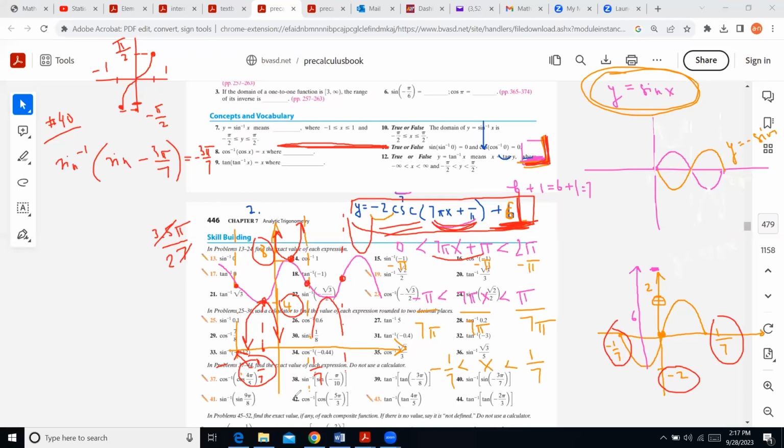So out of range will be exercise 41. If you take arc sine of sine, now notice that its argument is 9π/8.